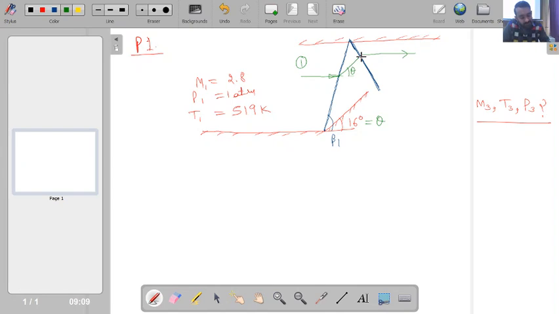Now if you see, this particular streamline was supposed to go in this direction if the shock wave was not present. So this direction and the shock wave, whatever angle these make, that will be my angle beta 2.